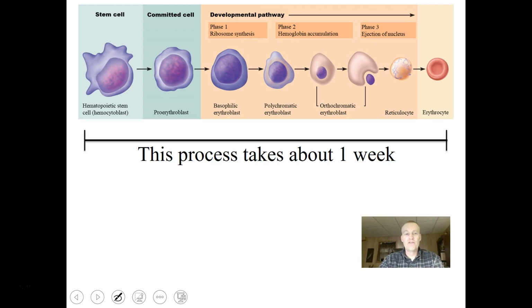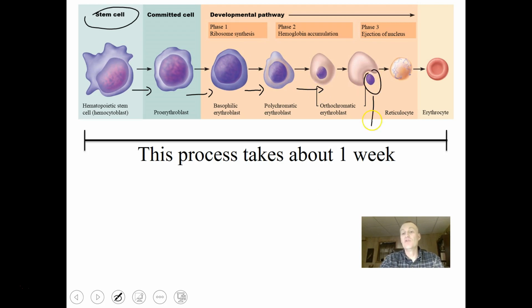So this is just showing the formation going from the stem cell all the way to the mature erythrocyte. So we have the stem cells that are going to the hemocytoblast that are committed to becoming red blood cells. We go through a series of stages. We have a proerythroblast, a basophilic erythroblast, a polychromatic erythroblast. We then go through an orthochromatic erythroblast stage.